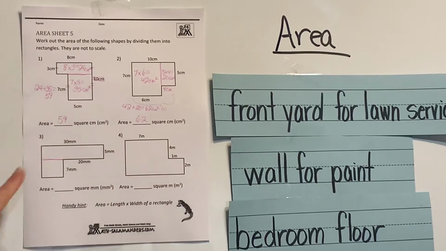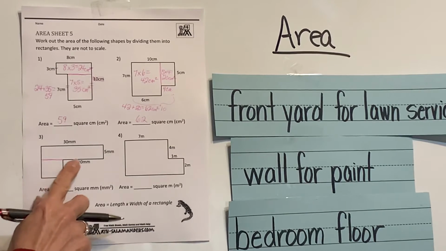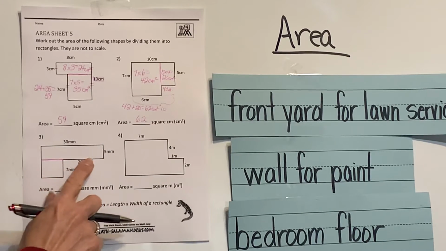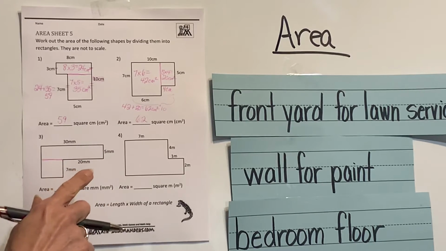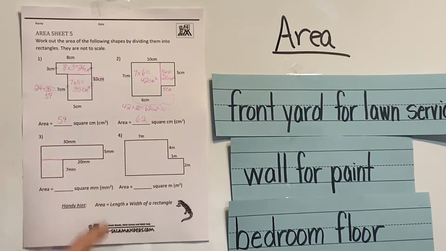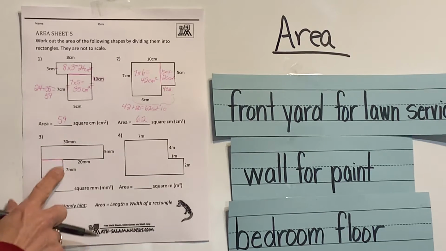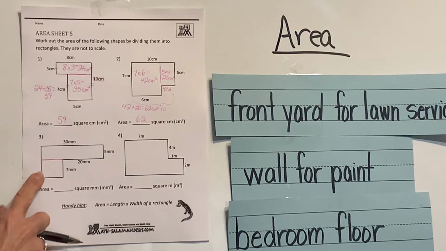Okay, so I have my line drawn, and I have my 2 distinct shapes. So I notice right here, I've got 20, and right here I have 5. So I know that this part and this part are equal.